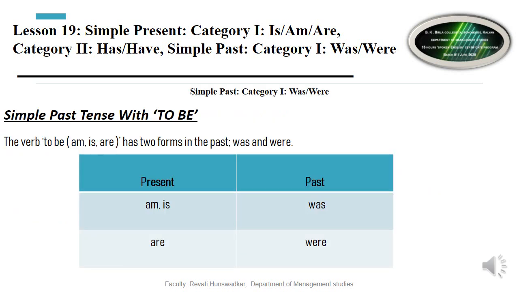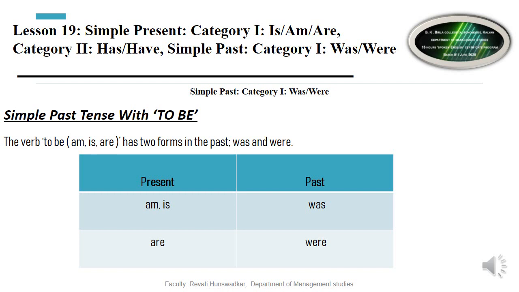So here comes simple past tense with to be. The verb to be, am, is, are, has two forms in the past, was and were. In this table, we can see present and past. Am, is has a past form was, are has a past form were. For example, he is tall.